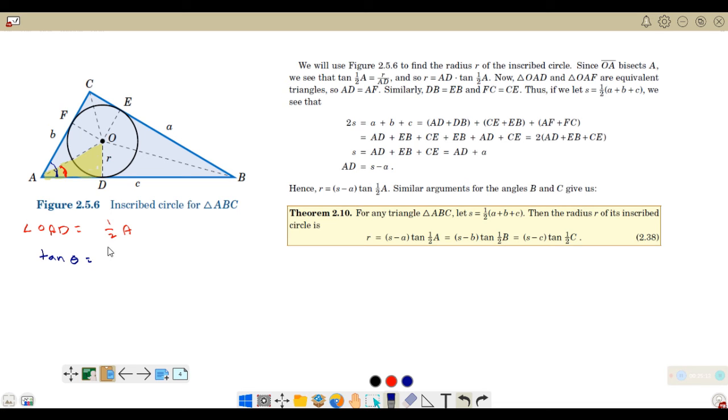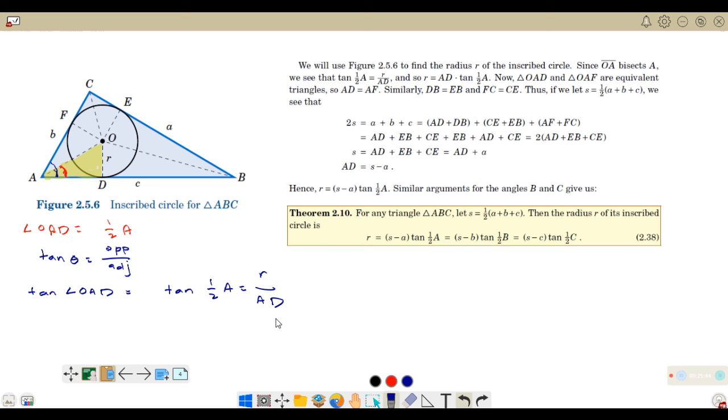So, tangent theta is equal to opposite over the adjacent. If we are going to make use of tangent angle OAD, pwede mo siyang tawagin na tangent 1/2 A, and then substitute natin yung opposite niya. Opposite this red angle here is R, and adjacent to it is AD.